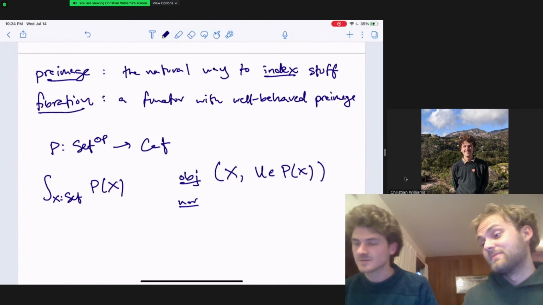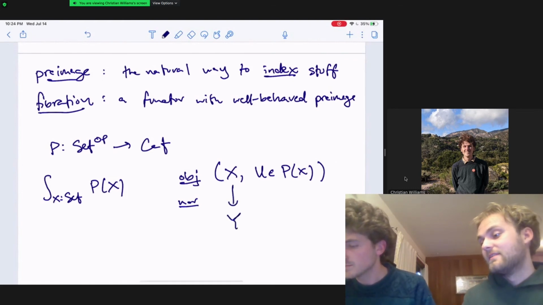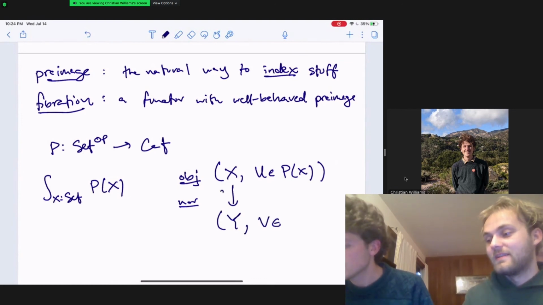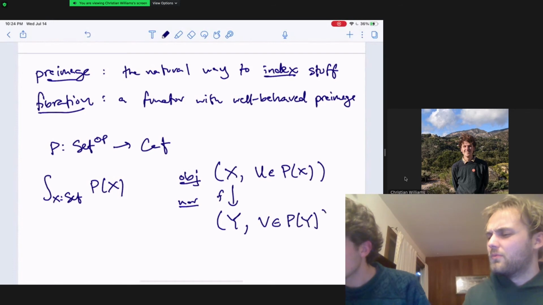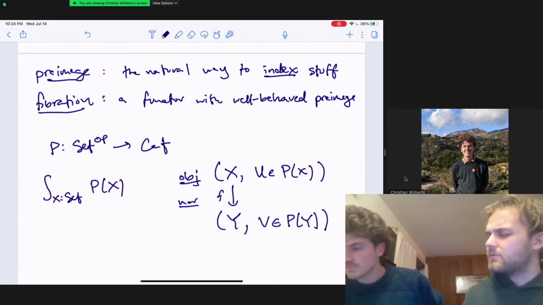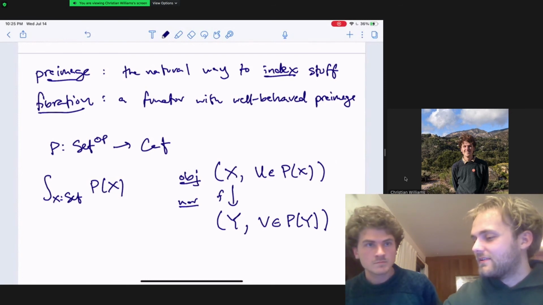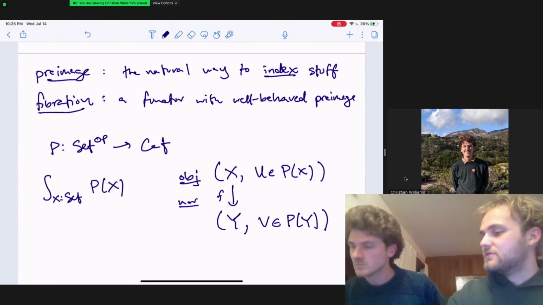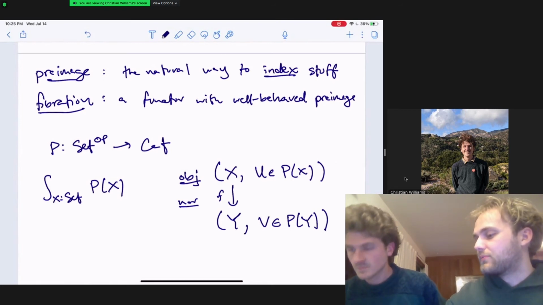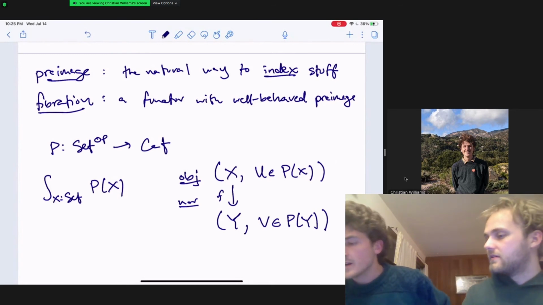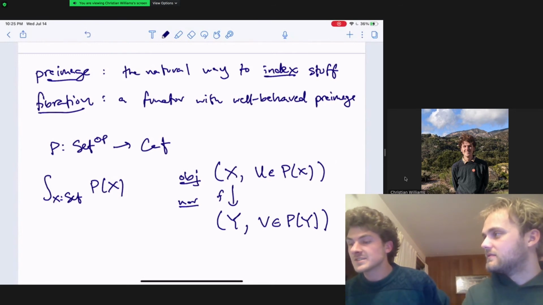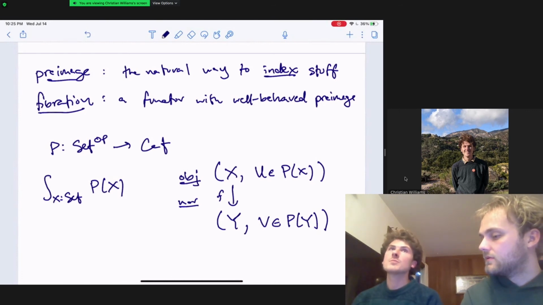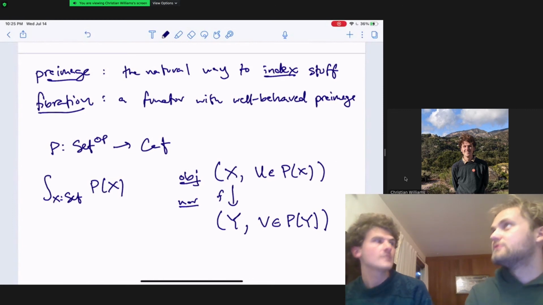Well, I'm guessing a morphism between (X, U) and (Y, V) has to have a morphism between X and Y that sends U to V. I guess this goes in the opposite direction, so you could say f, the preimage of V, is U. Or rather, the preimage of V equals U. Or rather, U is included in the preimage of V.